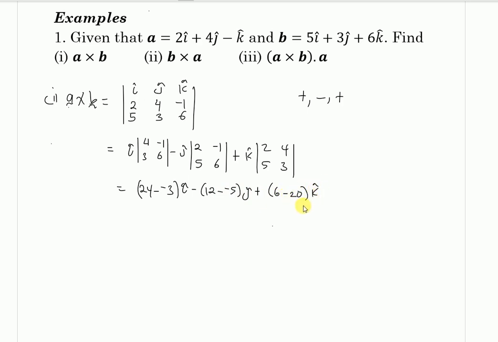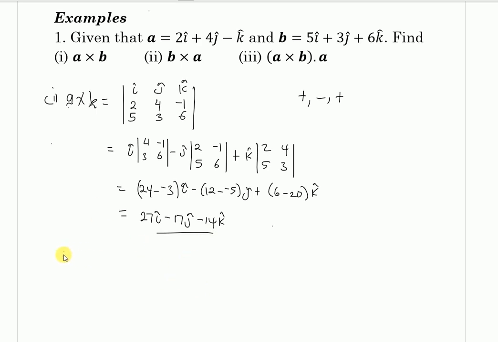So 24 minus that one is 27, so I, minus, this difference is 17. So that is 17 I minus, and 6 minus 20 is negative, so that is 14 K. That is the cross product of those 2 vectors.